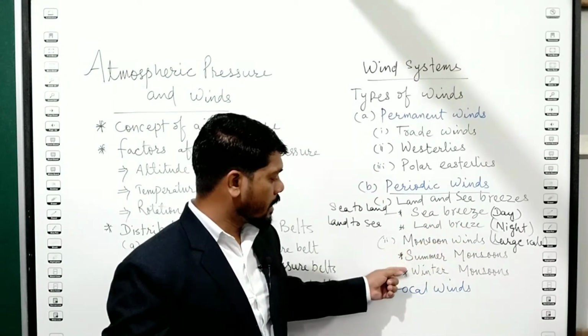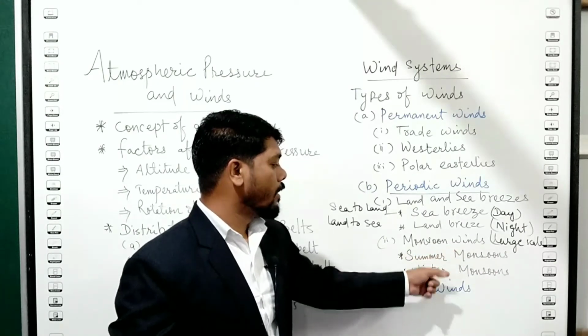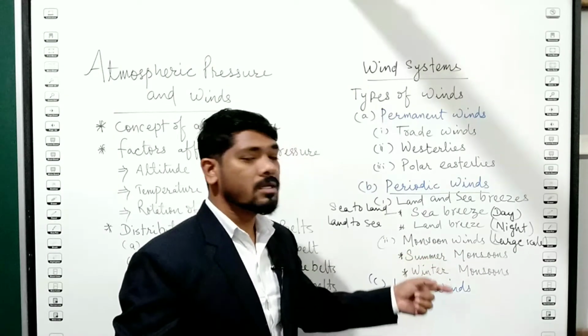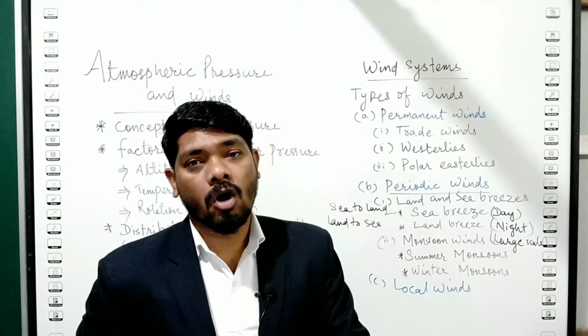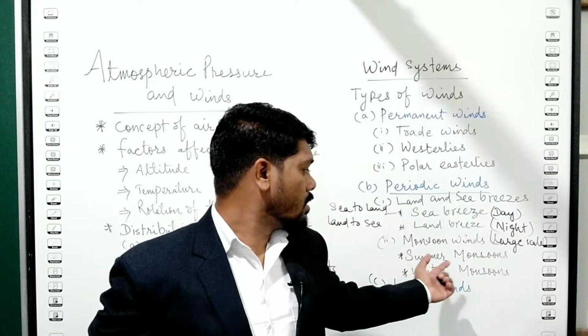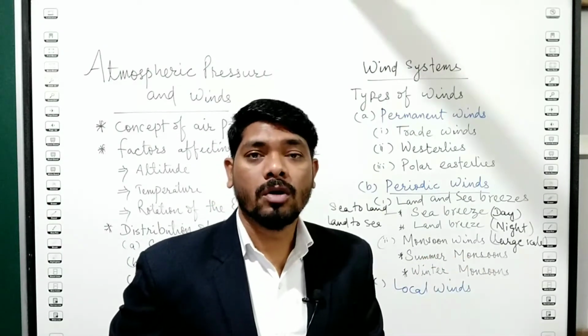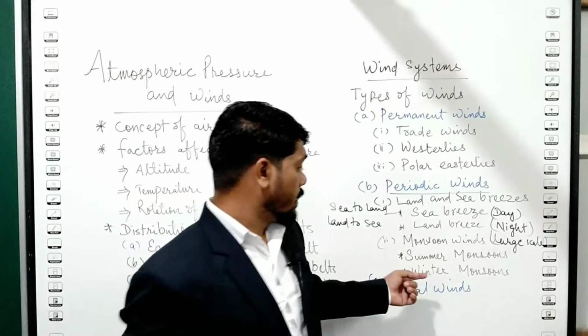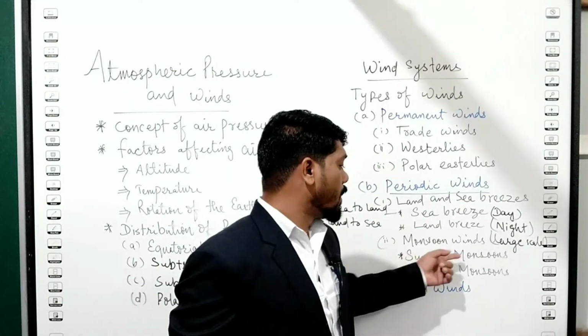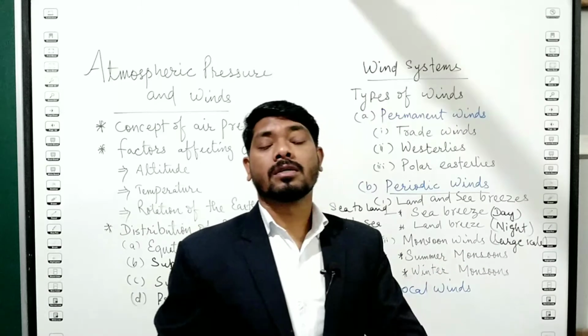It is again categorized into two, that is summer monsoons and winter monsoons. Summer monsoons means soon after the summer season, the rainfall that occurs is known as summer monsoon, also known as southwest monsoon.